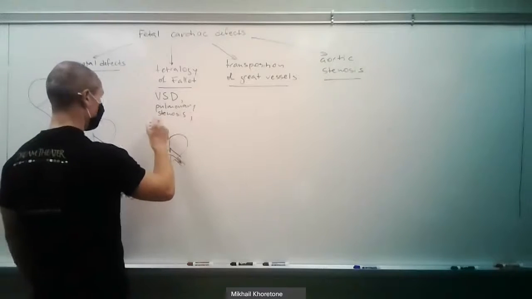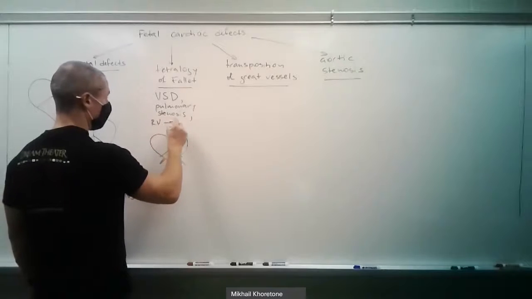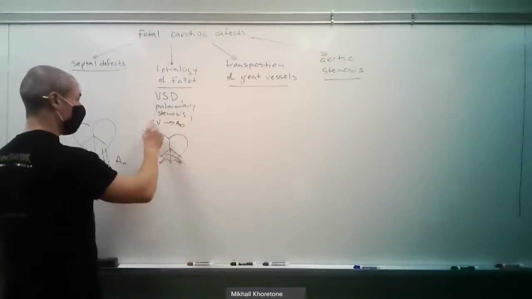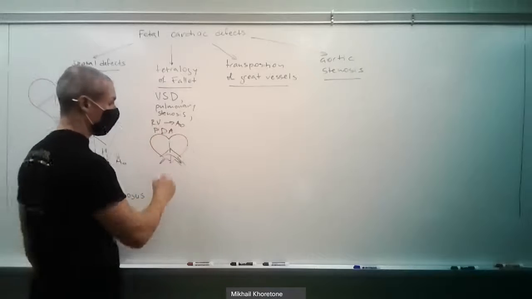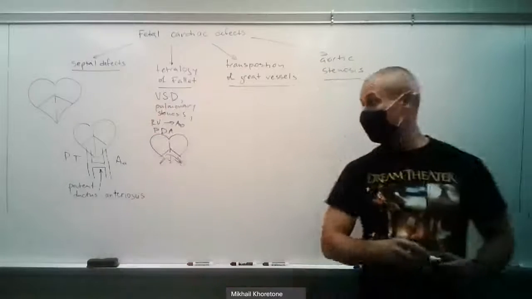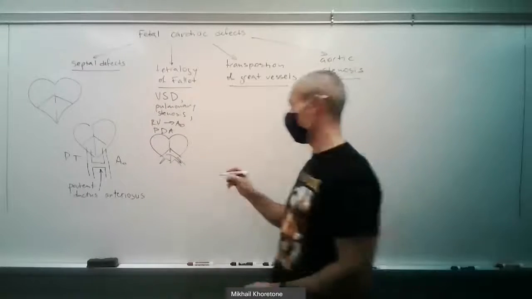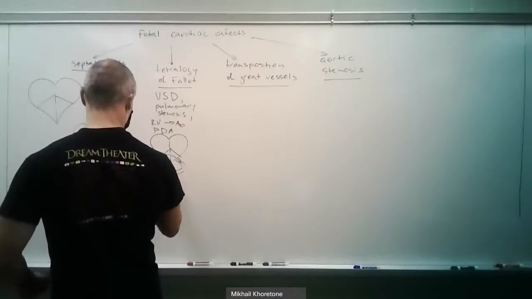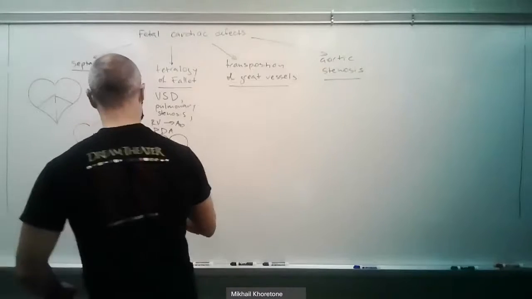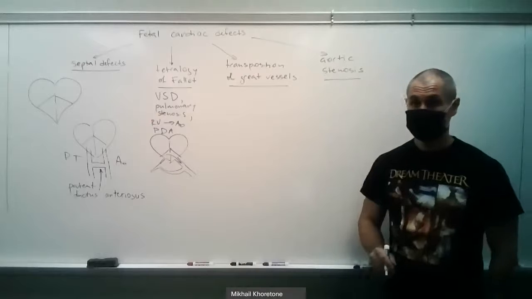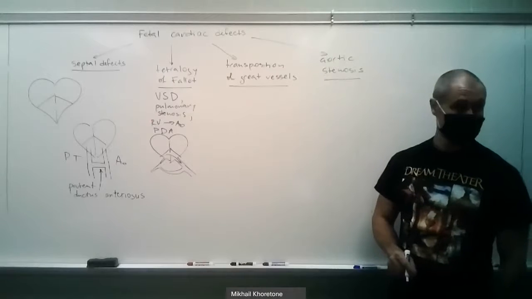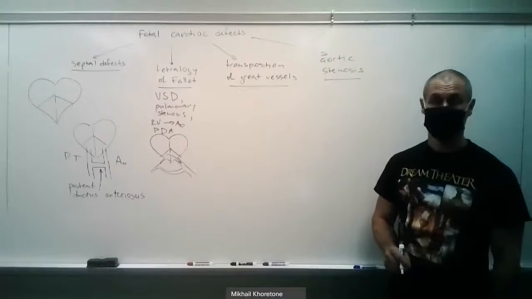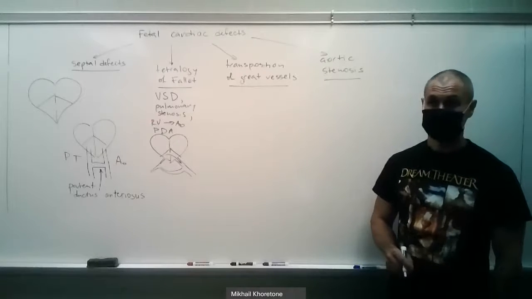I'm going to write down right ventricle to aorta. And as far as I remember, patent ductus arteriosus. So this is why tetralogy. So they are connected. Okay. That makes sense. Good.